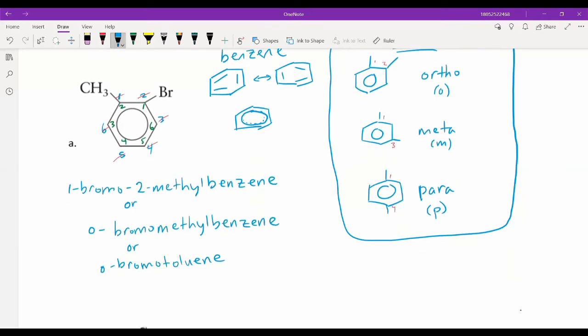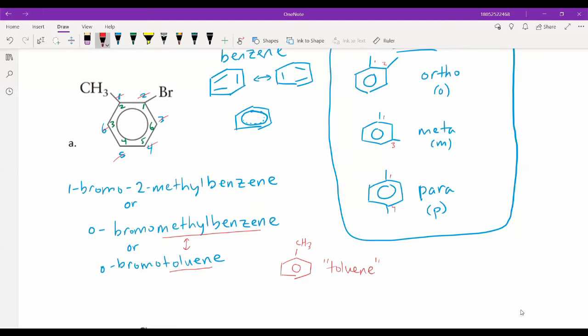So let me underline this. If you just were to say toluene, that's just the structure that has a methyl group coming off of benzene. So I think that's in the textbook, maybe in lecture, and you might see it on Alex.